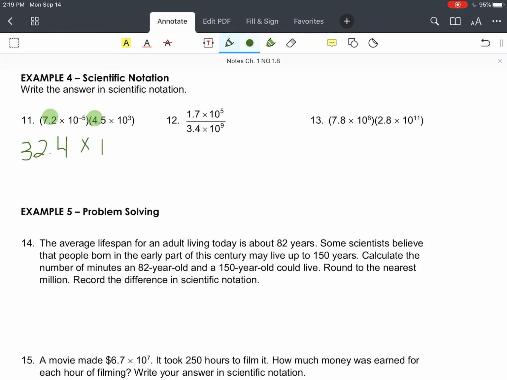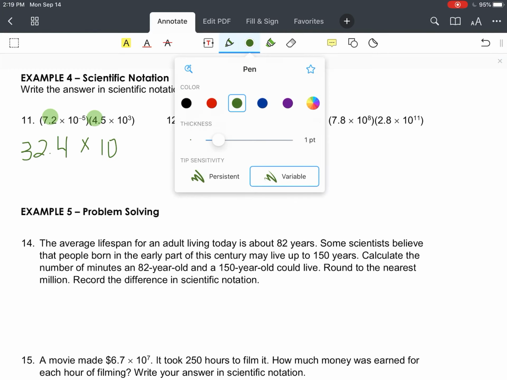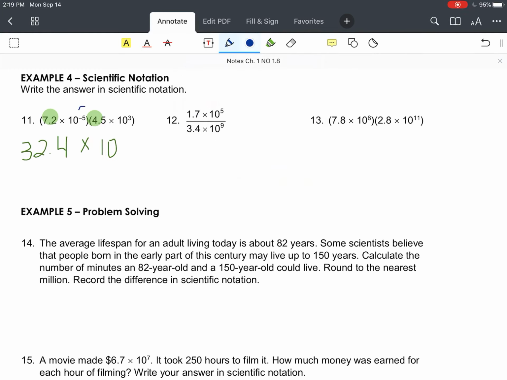And it's going to be times 10 to the, and again, you're going to add your exponents. So I have negative 5 and positive 3. Well, negative 5 plus 3 is going to give me negative 2. So I'm going to have 32.4 times 10 to the negative 2.